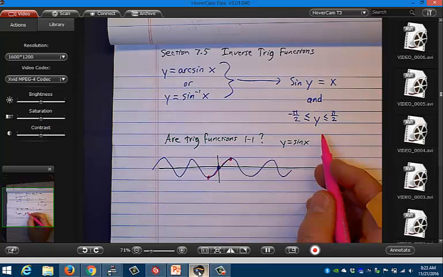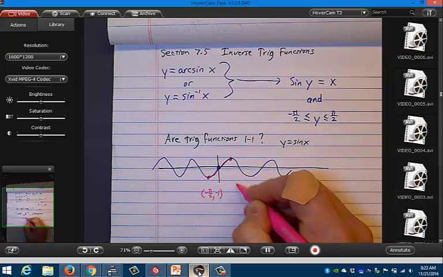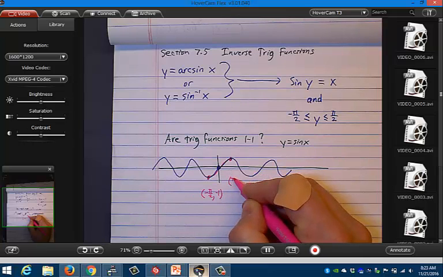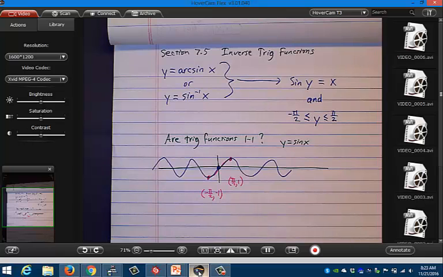If I choose the angles from negative pi over 2 comma negative 1, and here I have pi over 2 comma 1, that's a nice choice because I get the full range of values from negative 1 to 1. It's continuous, and so that's what we choose to do when we want to define the inverse sine, okay?